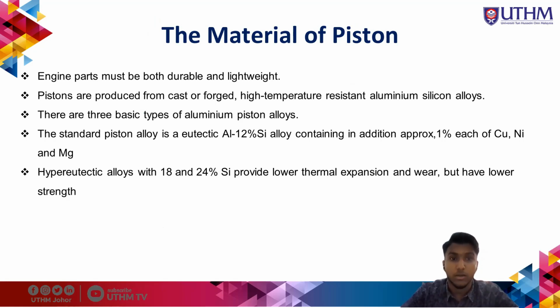The standard piston alloy is eutectic, at 12% silicon alloy containing approximately 1% of copper, nickel, and magnesium. Next is hypereutectic alloys with 18 to 24% aluminium silicon, which provide lower thermal expansion and wear, but have lower strength.